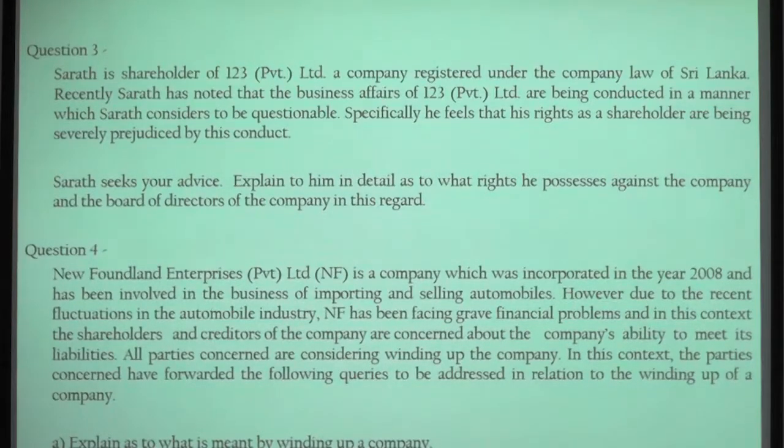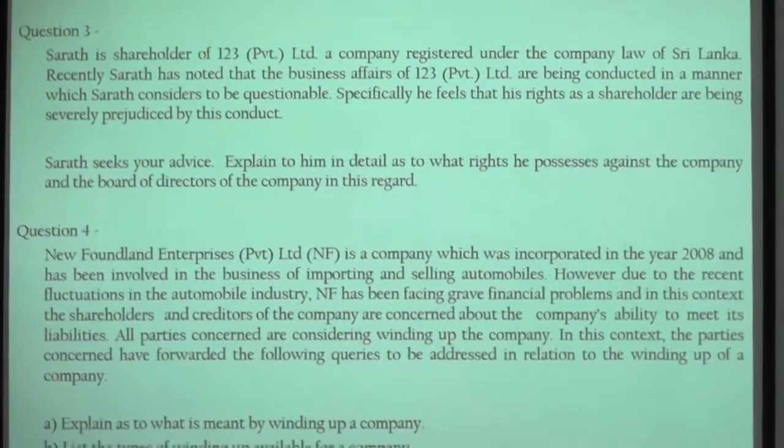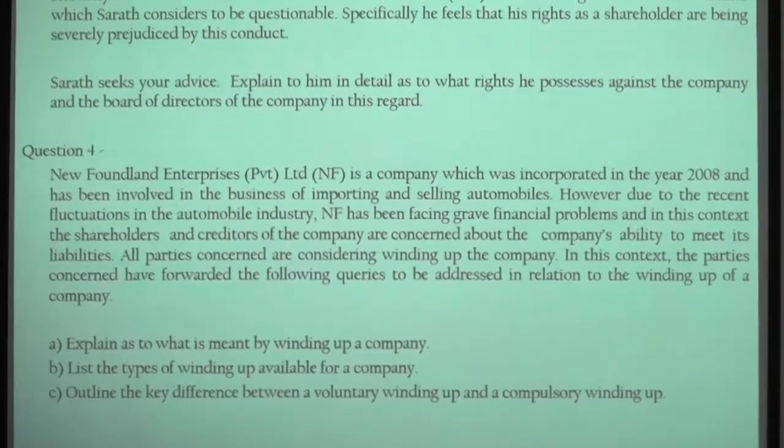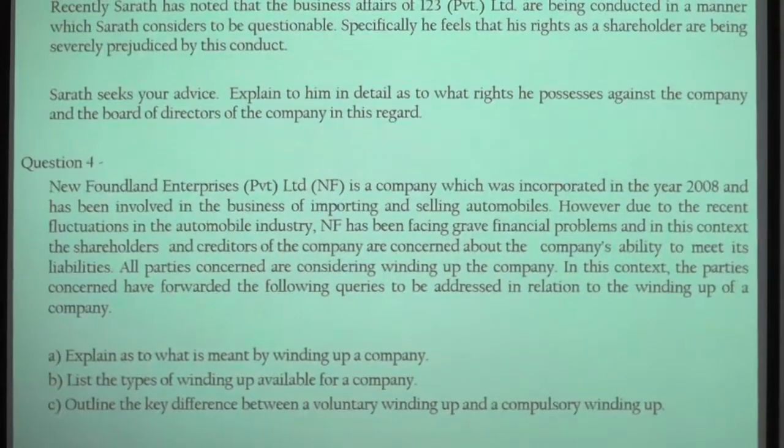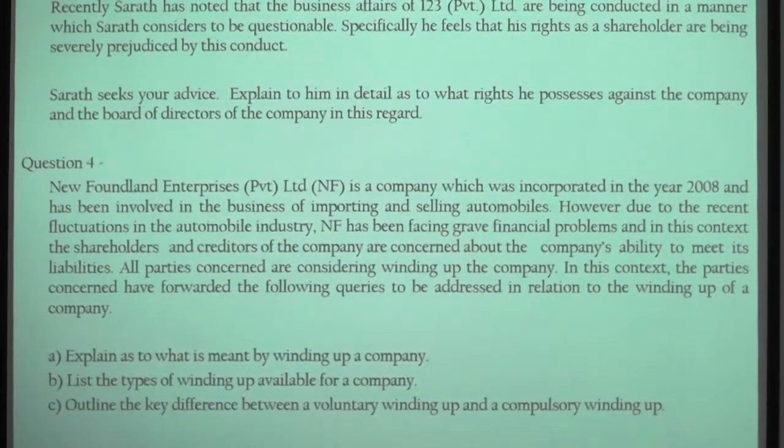So, what you are asked to deal with is to explain what is meant by winding up of a company. What we discussed today in analyzing what is winding up, how winding up processes can be done by court, by voluntary, and then if voluntary, then under supervision.